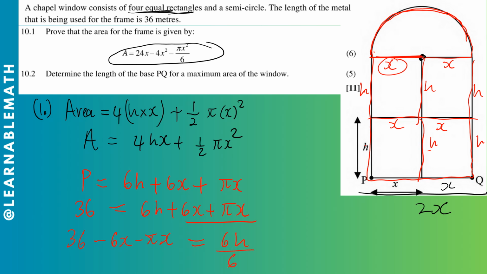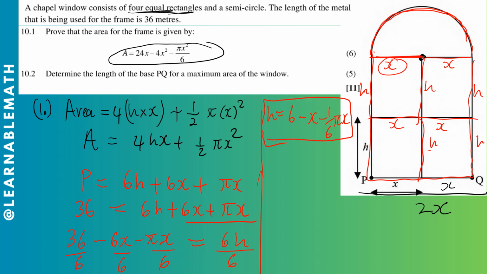Then to solve for h, divide everything by 6. So our h will be equal to 36 divided by 6, which is 6, minus 6x over 6, which is x, minus 1 over 6 pi x. So this is our h in terms of x.